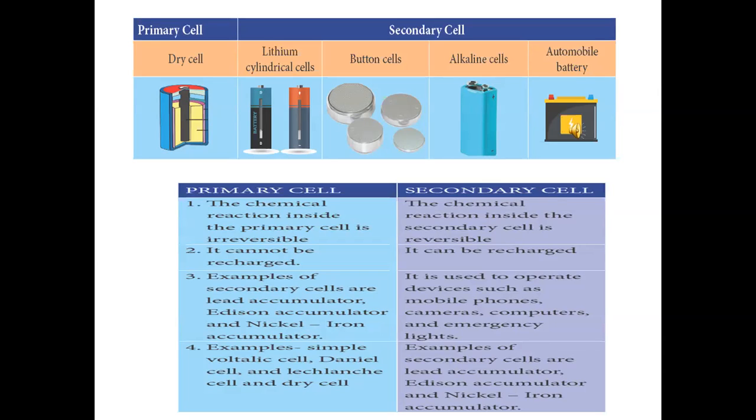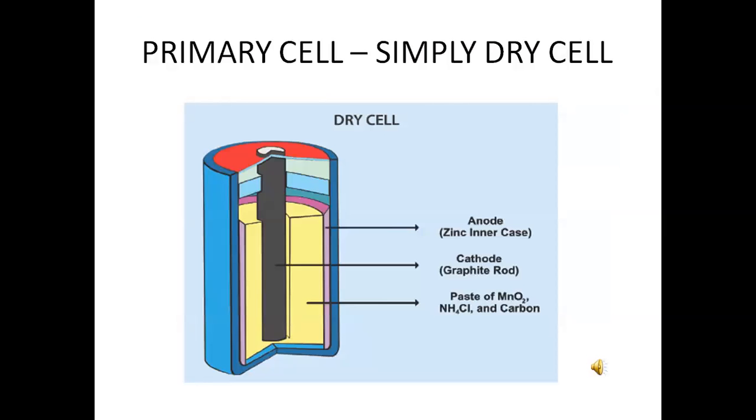Examples of primary cells are simple voltaic cell and Daniell cell. In this class we will see primary cell only. Next class we will see secondary cell.